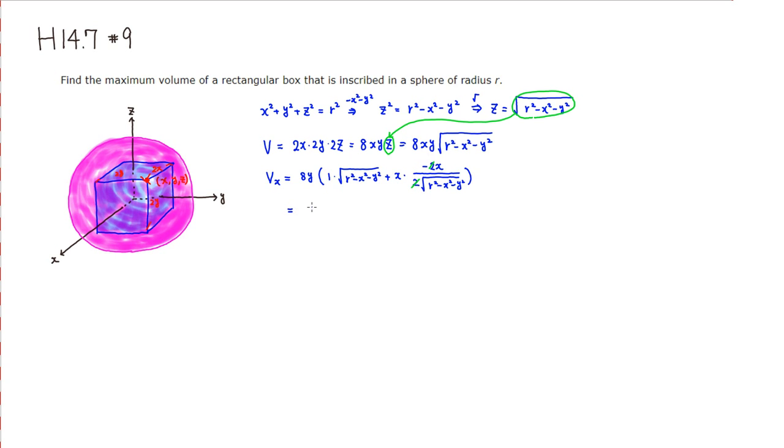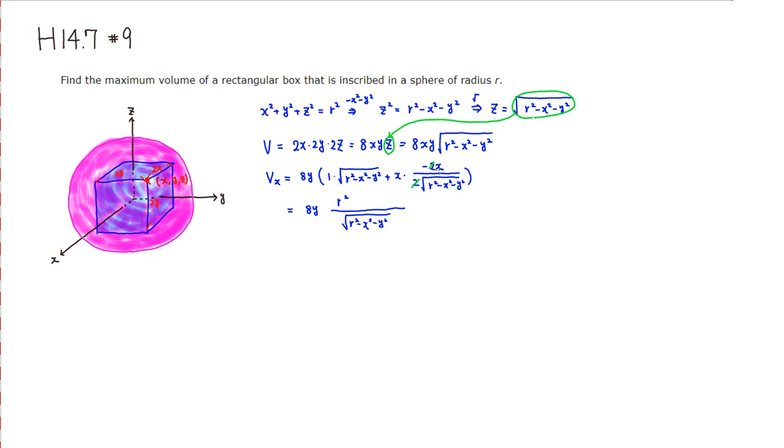Then we can find a common denominator. You have 8y sitting in front, and if you take the common denominator, you're going to get the square root of r squared minus x squared minus y squared, and then you're going to have r squared.